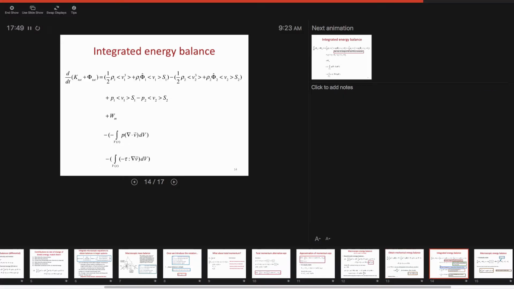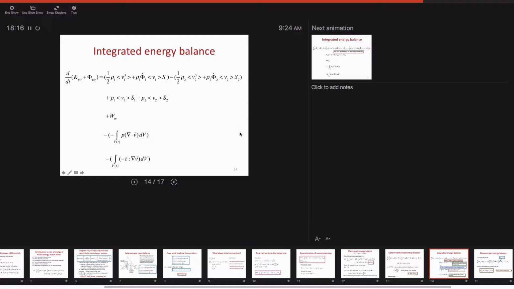So when I integrate to get the totals in the system, then I have total kinetic and total potential energy, sum them up, and the change in that energy is the change in what flows in. Again, in this system, things are just coming in and out only through inlets and outlets. Okay? So this is basically the integration of those terms.